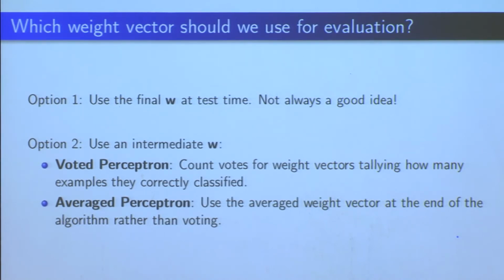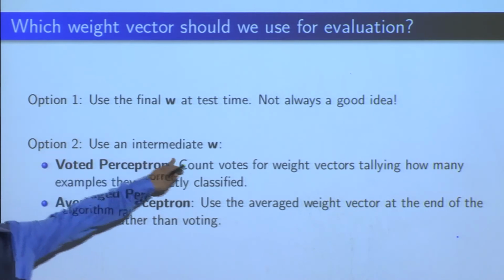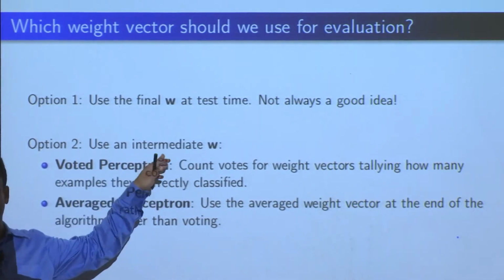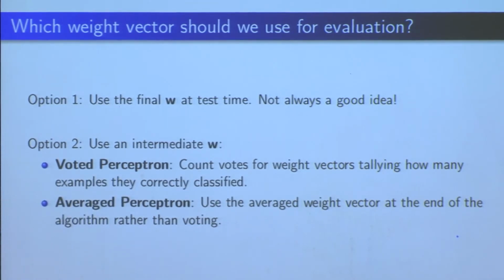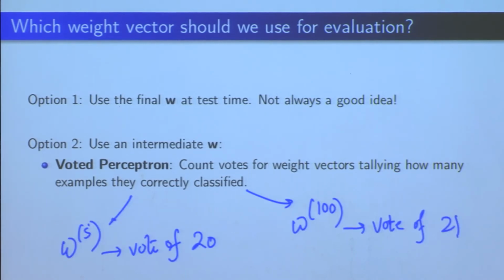Average perceptron is where you give equal weightage to all the intermediate W's. It's not that you have to use all of them; you could use some. Obviously you don't want to use W0 where you began. You'll say, I'll use W50 and W100. W5 is a bit too much to start off with. Let's say W95, that might still be meaningful.